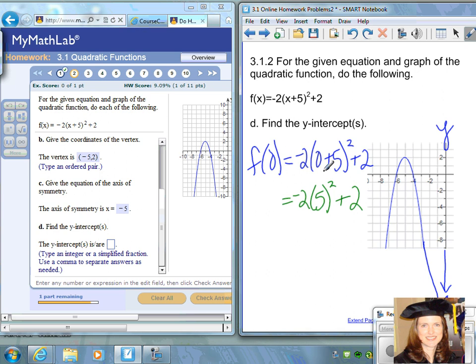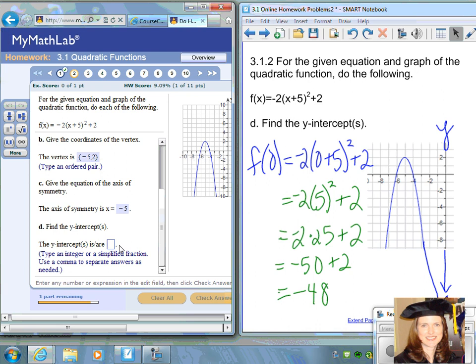So -2 times 5 squared plus 2, square first the 5. So you get -2 times 25 plus 2, then multiply by -2 to get -50 plus 2, and then -48 is your y-intercept. So you would really have to make a huge graph all the way down to negative 48 to see that that parabola is going to cross through the y-axis at negative 48.